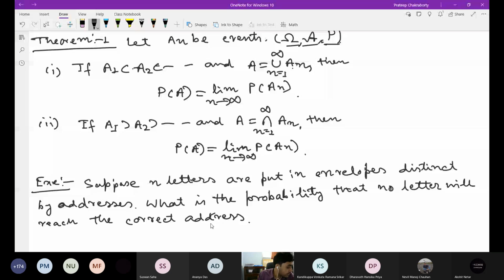What is the limiting probability as n goes to infinity? So these n numbers are specified.